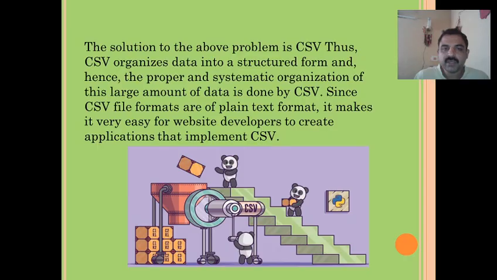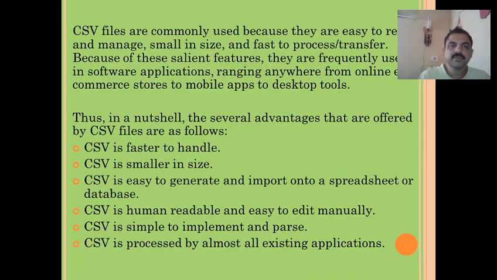Since CSV file formats are plain text, it makes it very easy for website developers to create applications that implement CSV. So the size can be reduced, and it can be easily incorporated with websites or any applications.